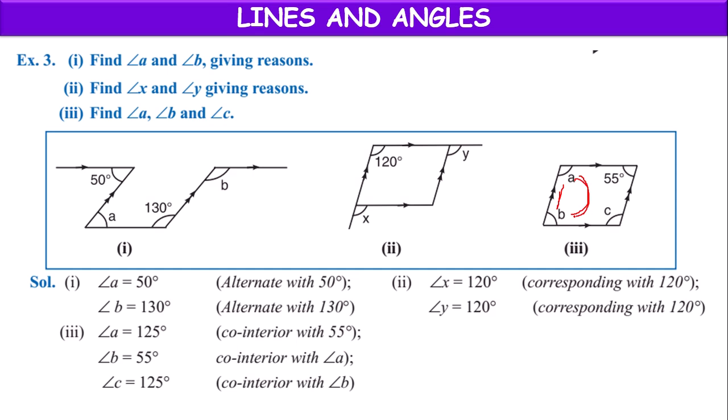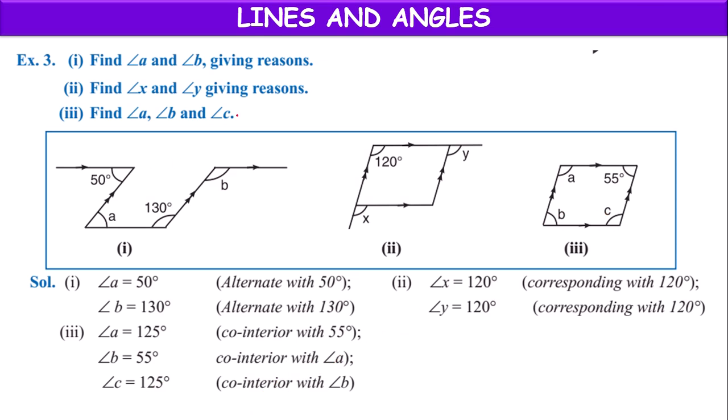If A is 125, B will be 55, because co-interior angles, supplementary. And B, C are co-interior angles, they are also supplementary. If B is 55, C will be 125 because co-interior with B.